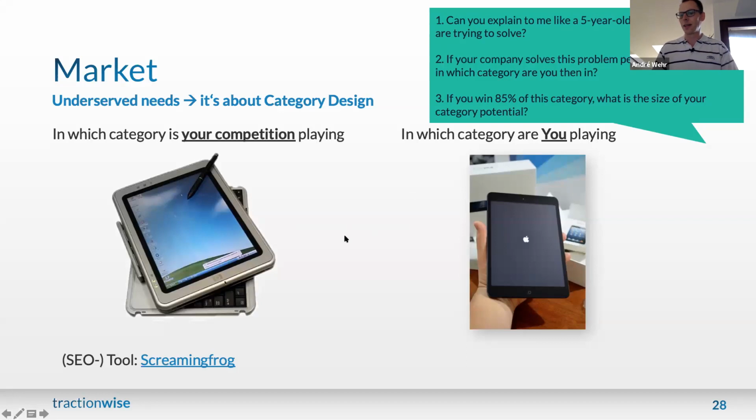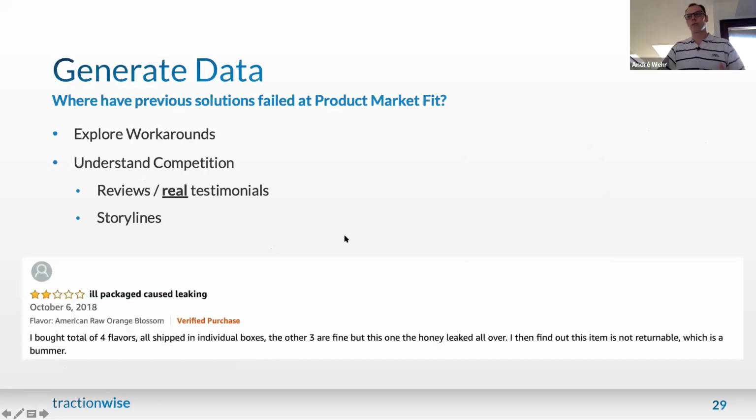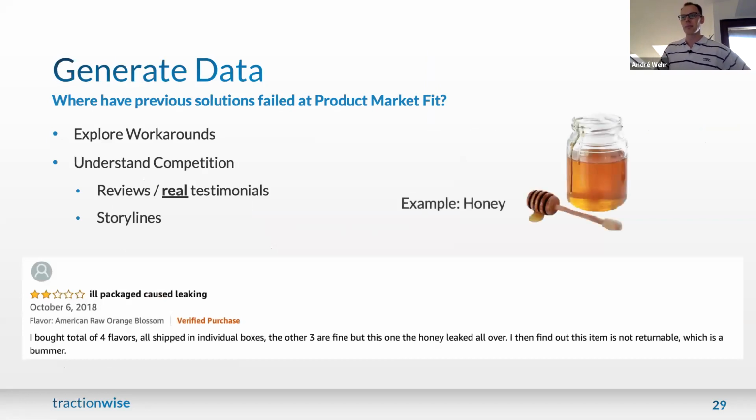And now I want to go into how we can actually generate data for this product market fit. We need to generate data that might come out of workarounds from your potential customers, and that might come from your competition. And from your competition, that's not only a bad thing.